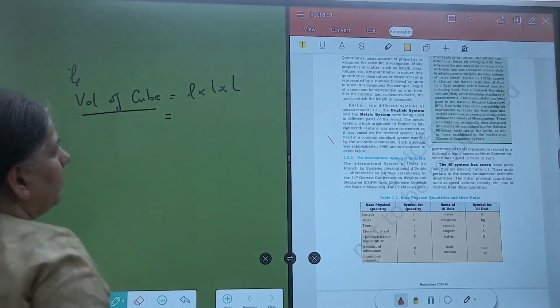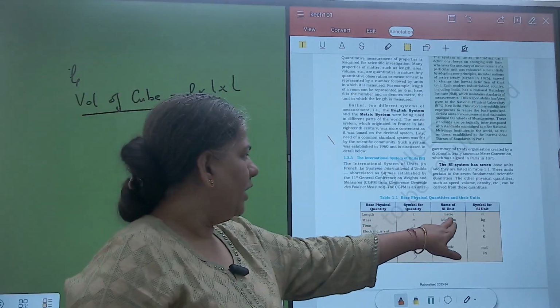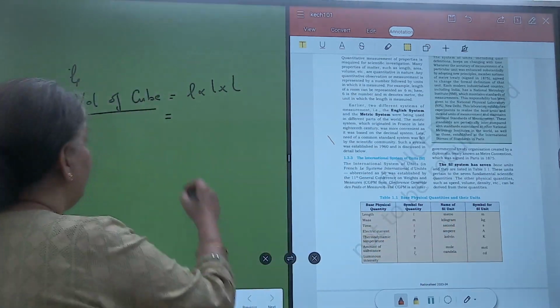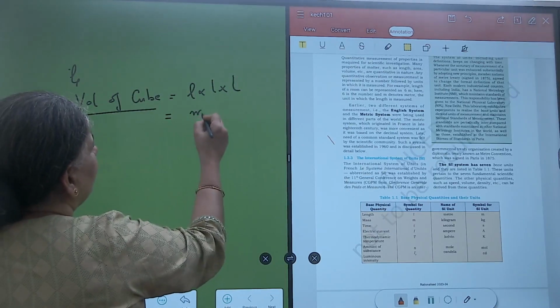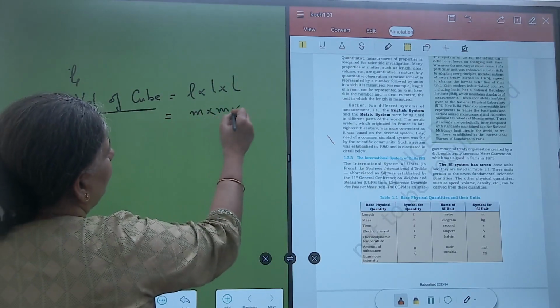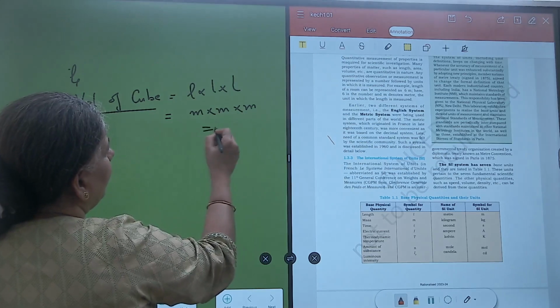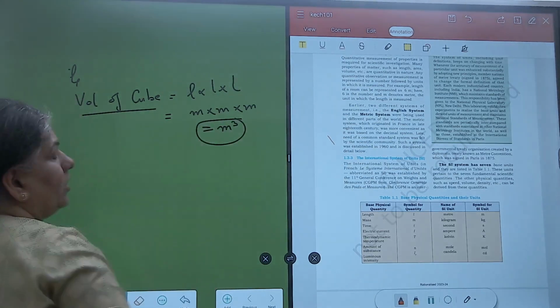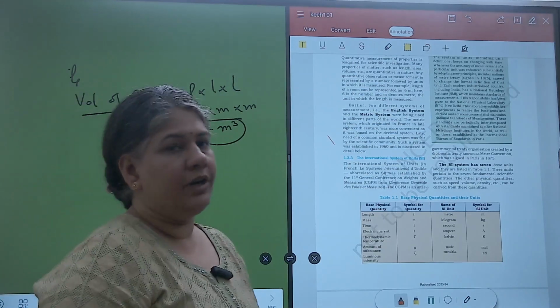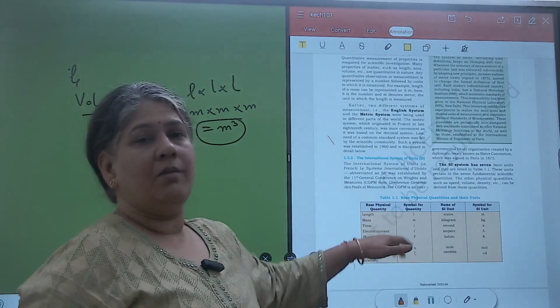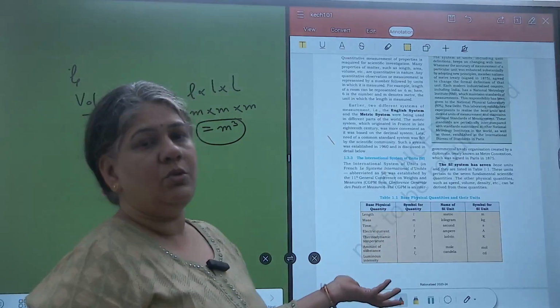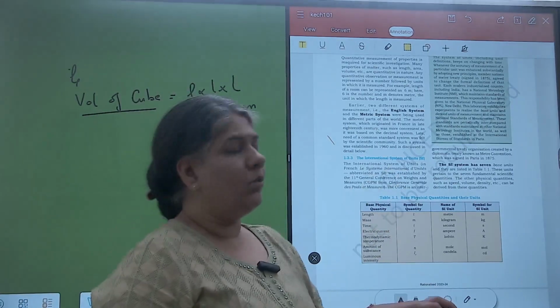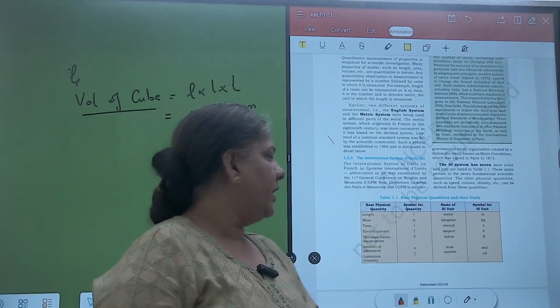So if we take the unit of length as meters, it will be meter into meter into meter, that is meter cube. So volume is a derived unit, whereas length is a basic unit that is helping us to obtain the units of other physical quantities.